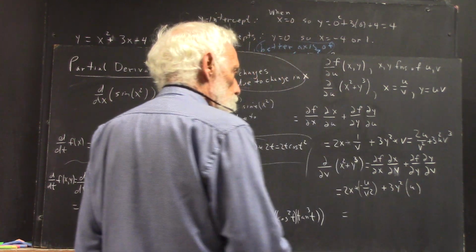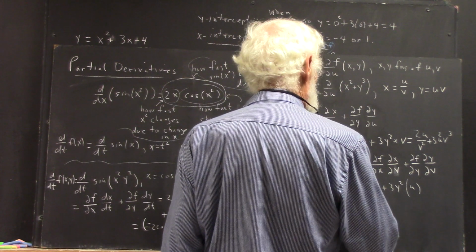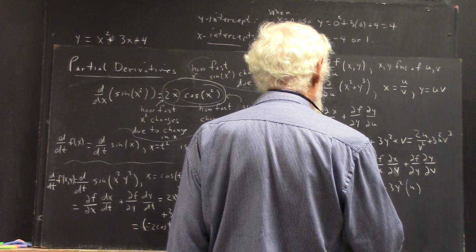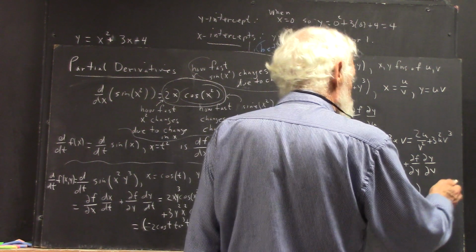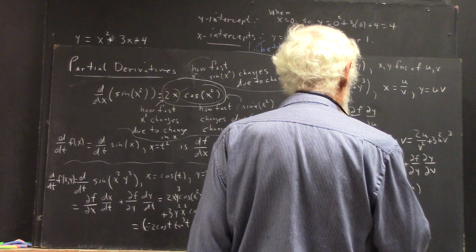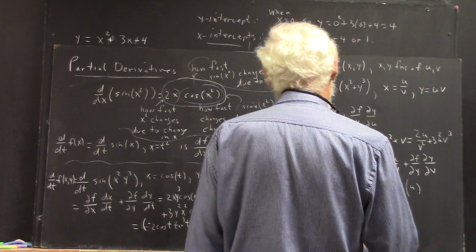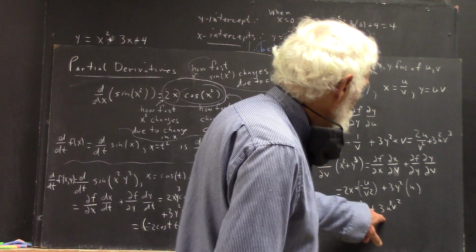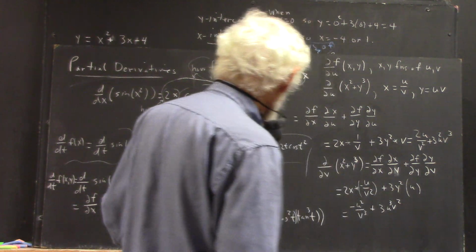And then we can write this out in terms of u and v. I'll go ahead and do it. x is u over v, so this is negative u squared over v cubed. And y is uv, so this is 3u cubed v squared. No great insight from this or this, but often that's what you want to do, so that's what I'm showing you.